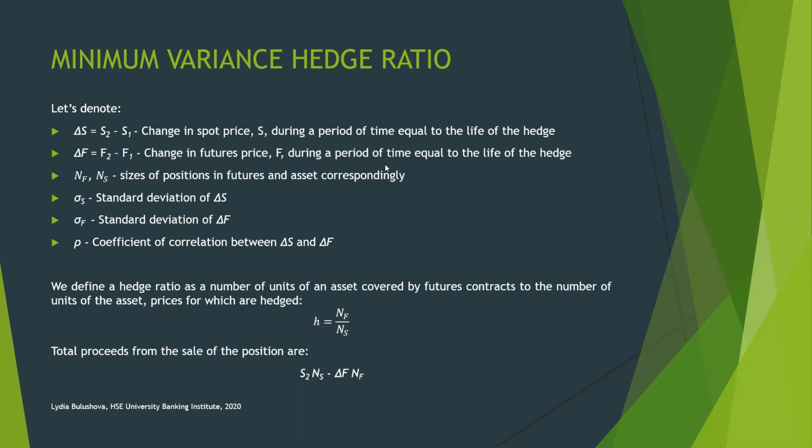Don't forget that spot price is our asset price, and futures price is the price of a futures contract on a proxy asset, another asset. We don't discuss basis risk here. Whether we have it or not, this part of our lecture, deriving the minimum variance hedge ratio, is not sensitive to basis risk.